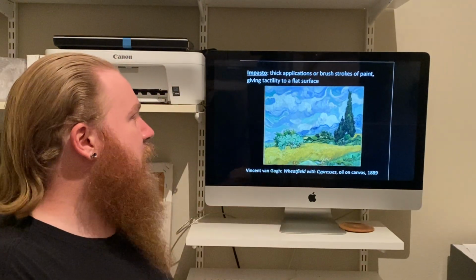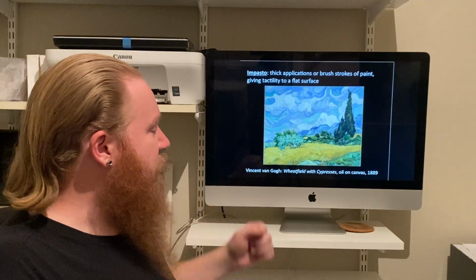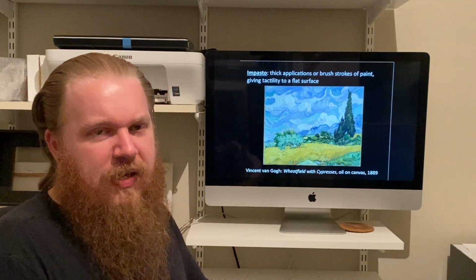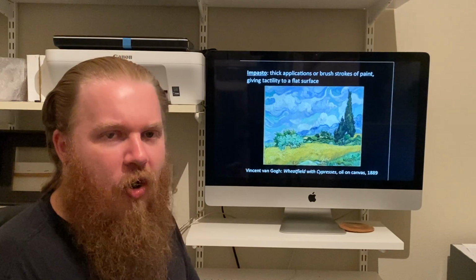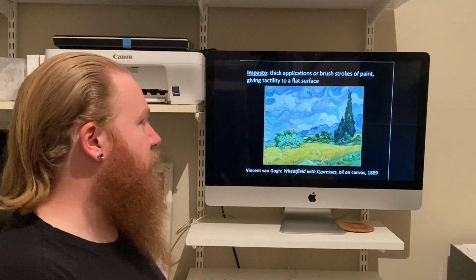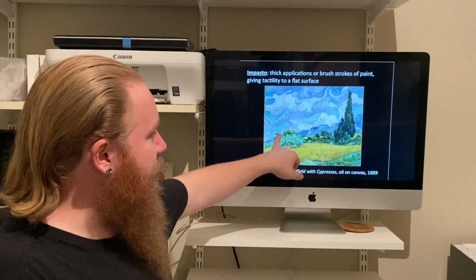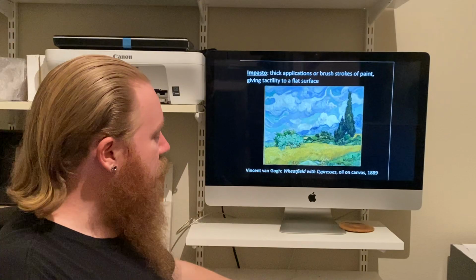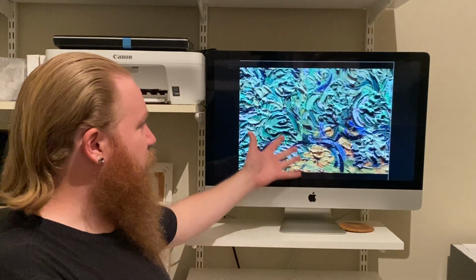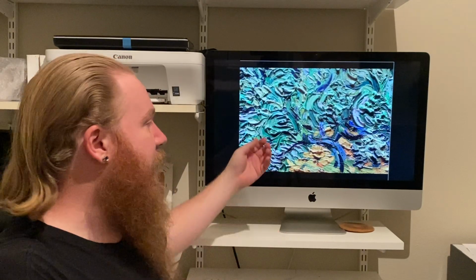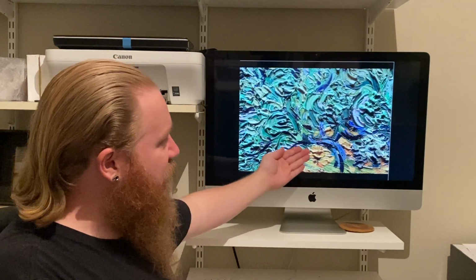Here we can see an example of a Van Gogh painting, and Van Gogh is probably the most well-known impasto artist. Almost all of his work has very heavy use of impasto. If we zoom in on a little section of the cypress bush down here, we can see some of that texture. We can actually see the physicality of his paint and the stroke of his paint. It sticks off that canvas.